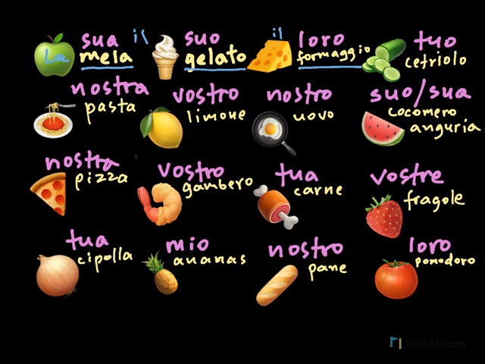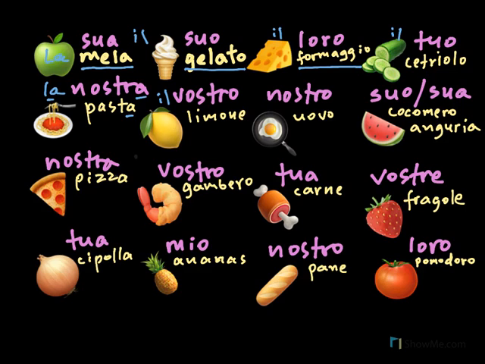Next one is cetriolo. Cetriolo is masculine and it is tuo, so it will be il tuo cetriolo. The next one is pasta, and you will put here la nostra pasta, because you match nicely la, definite article, nostra, the possessive adjective, and pasta, the noun. Vostro limone. Limone is masculine, so it will be il vostro limone, your lemon.